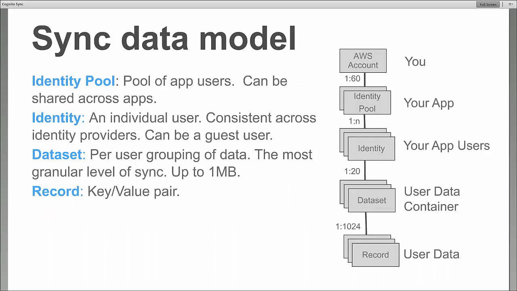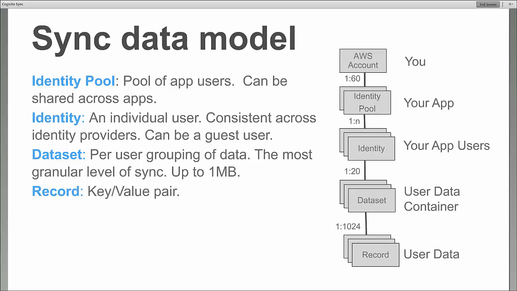So let's look at that data model for a second. You'll see to the right there's a hierarchy of objects, and way at the top is the foundation for all of Cognito's usage, which is an identity pool. An identity pool is a logical boundary around a set of identities inside your AWS account.